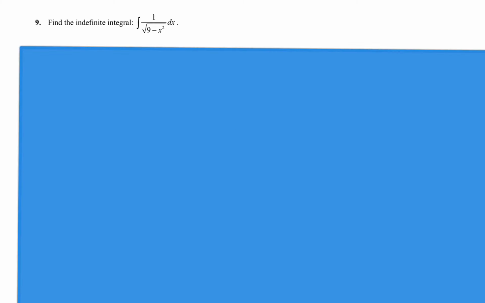Okay, this integral is, I remember, the integral of 1 divided by the square root of a squared minus x squared dx. This is arcsine of x divided by a.